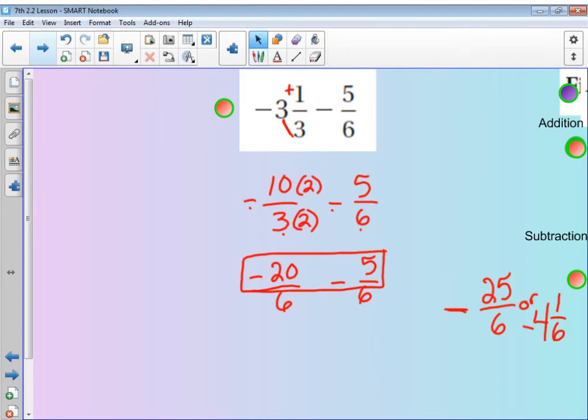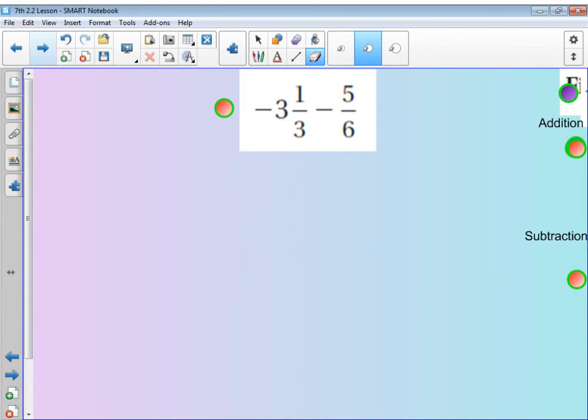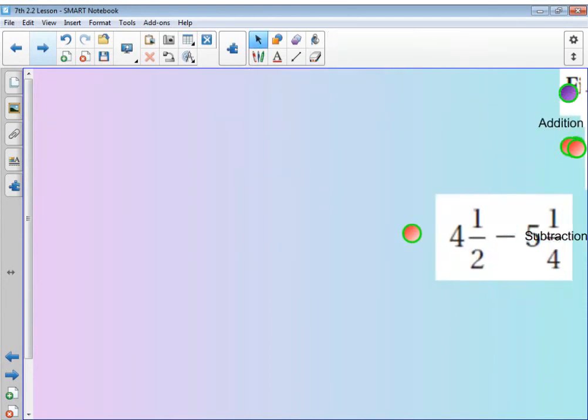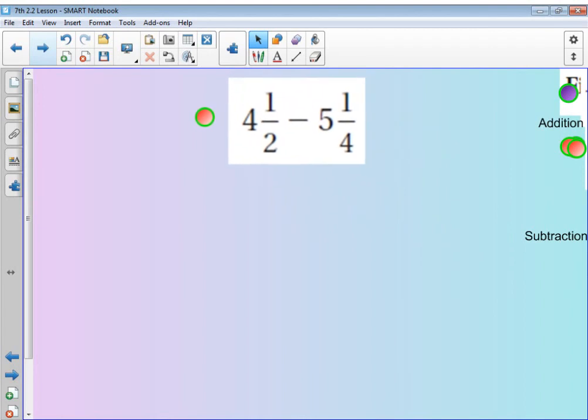Okay, I want you to try this next one. You may need to change these to improper. I'm noticing one is positive and one is negative, so you're going to be doing some subtraction between these. You may have to reverse them around, or if you change them to improper, then you can just think of your top numbers as if they're integers.